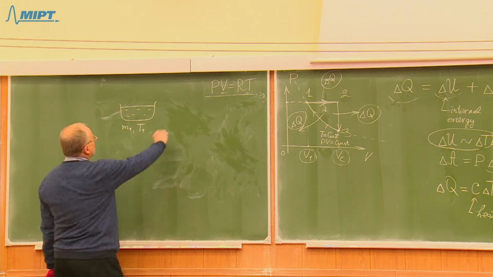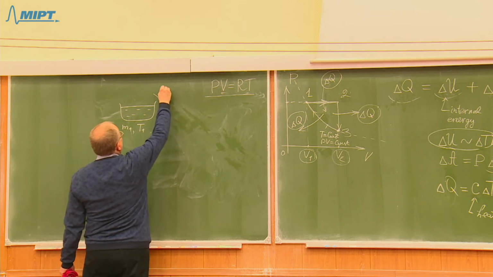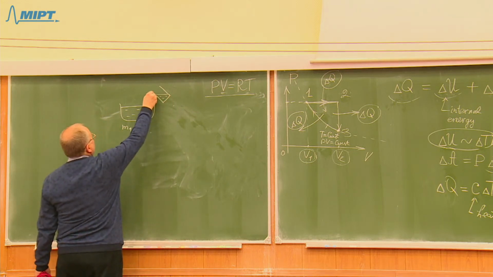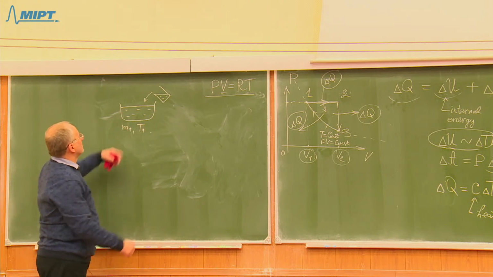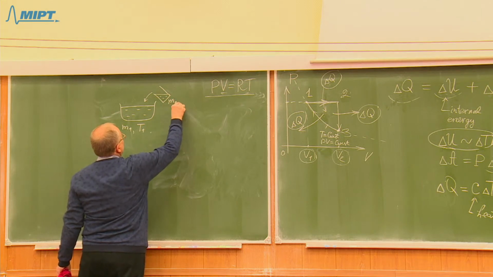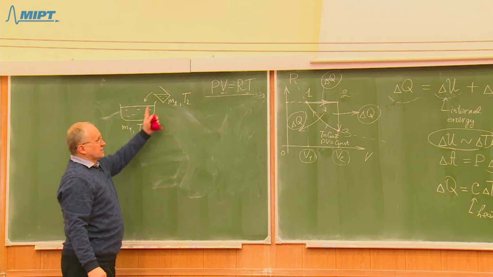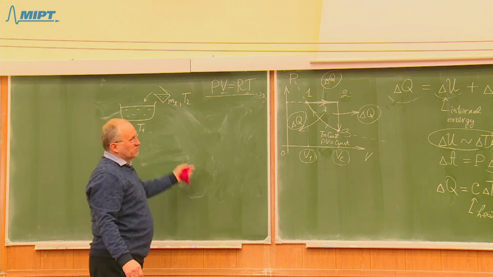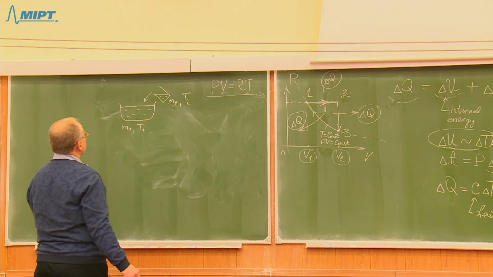And imagine we take some other liquid and pour it into this vessel, so that we take some other liquid of mass m2 and temperature T2. If these two liquids are the same, like water and water, then they will have the same physical parameters and the same specific heat capacity.